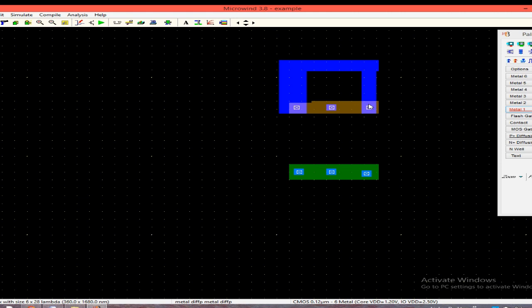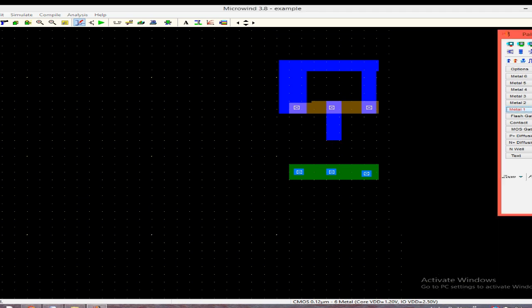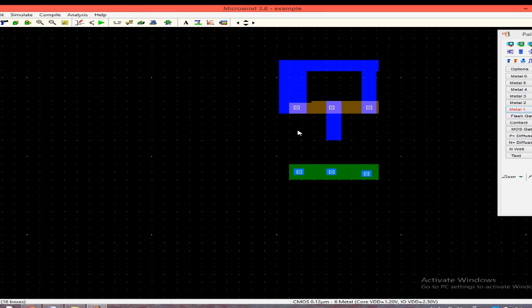So we have made this metal gate over here, and actually we are making the NAND gate. After that we'll make the combinations of NAND gates and connect the different types of connections.